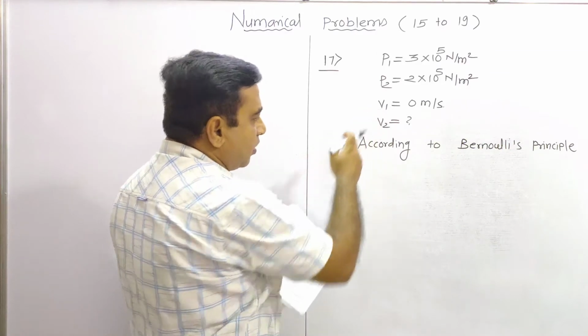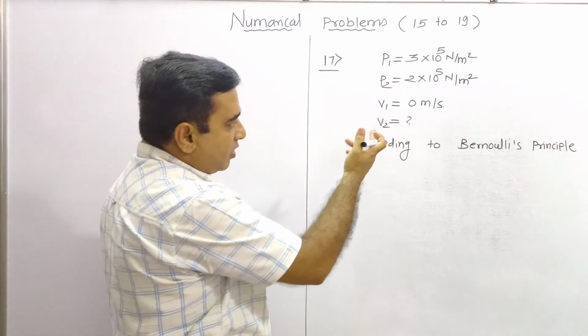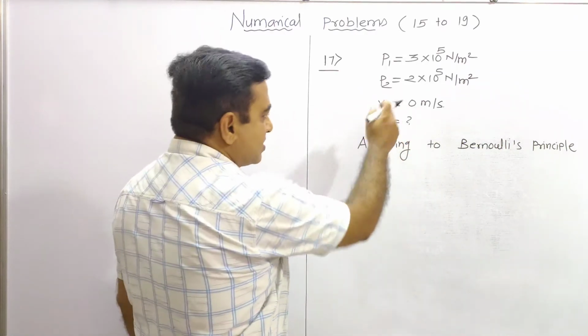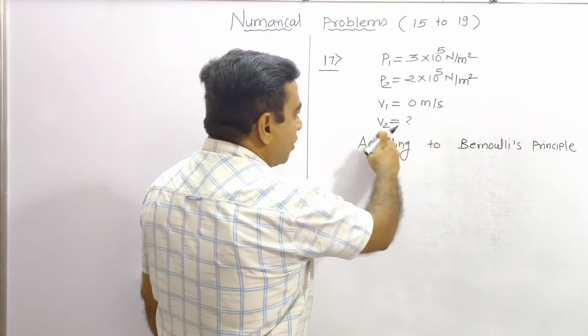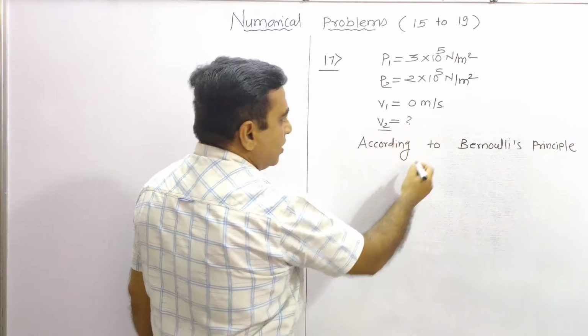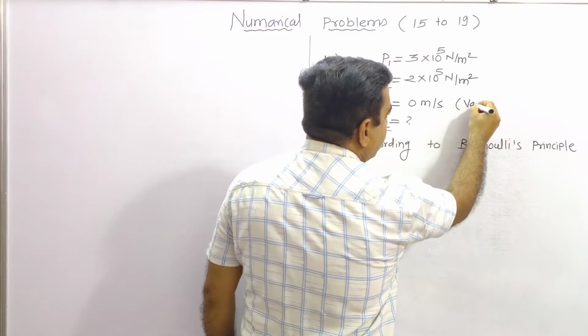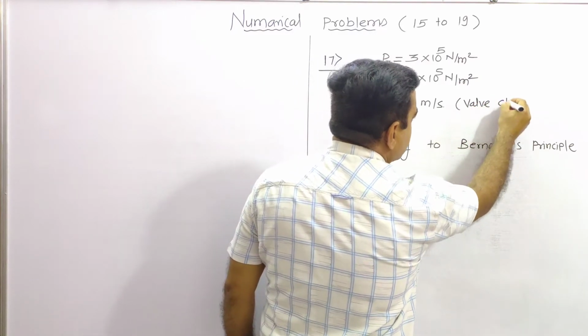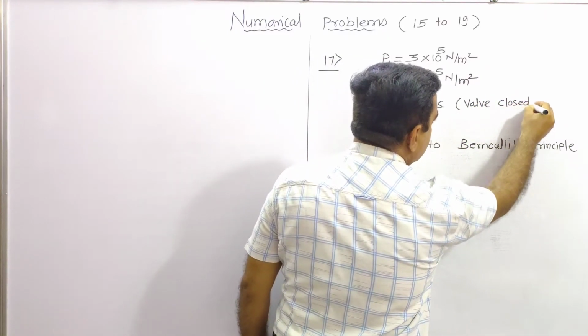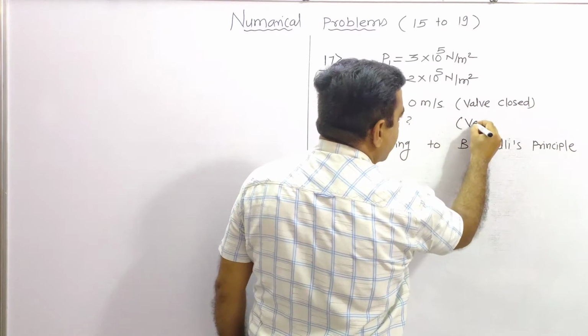Now the velocity V1, when the valve is closed, is 0. After opening the valve, it has the velocity V2. Valve closed, valve open.